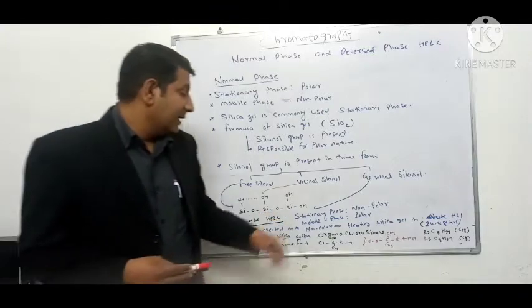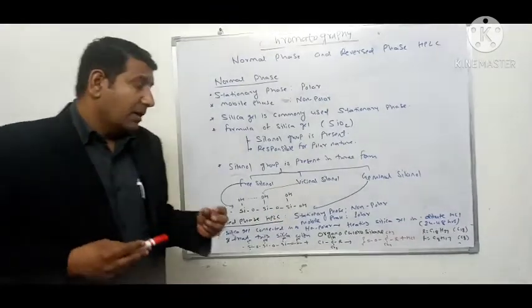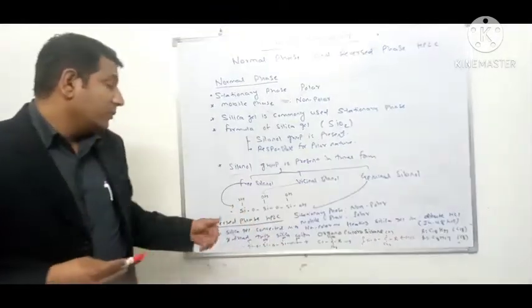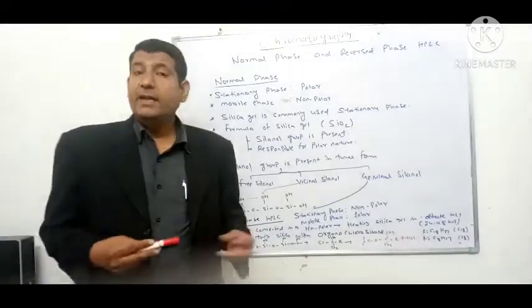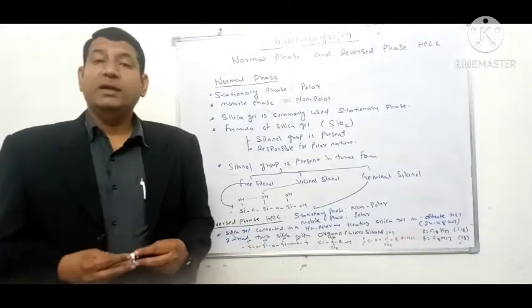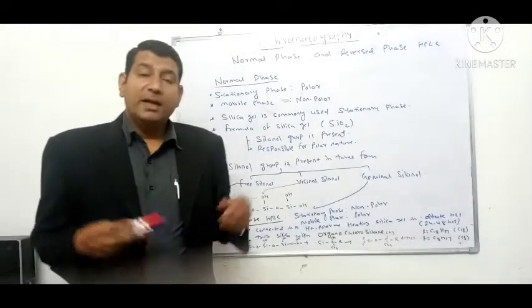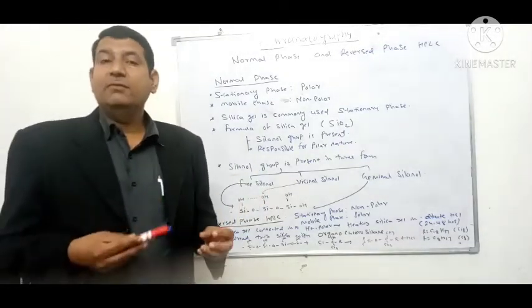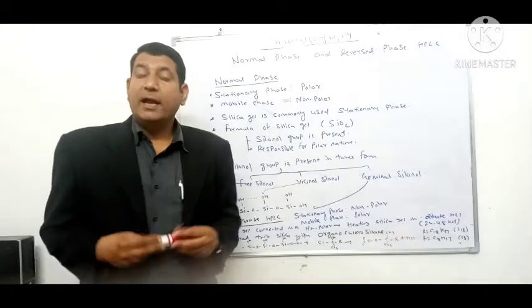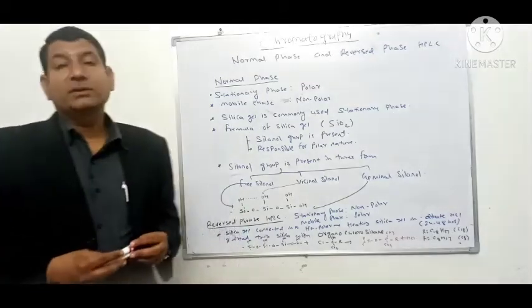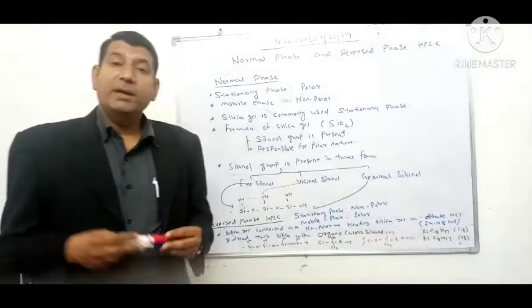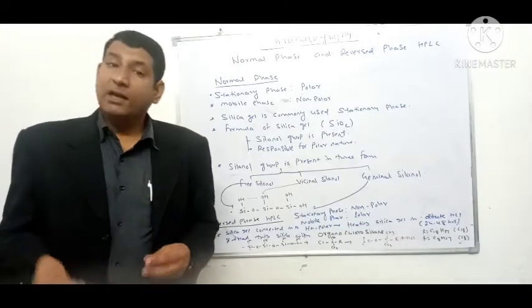This silica gel is made into a non-polar group by heating it with dilute hydrochloric acid. So in the first step we mix this silica gel with dilute hydrochloric acid and heat it. The duration of heating will be around 24 to 48 hours.